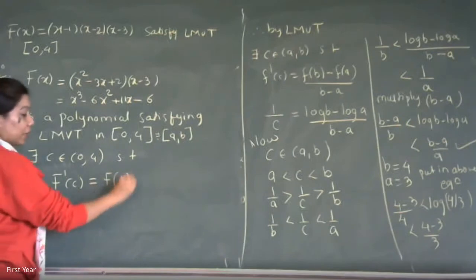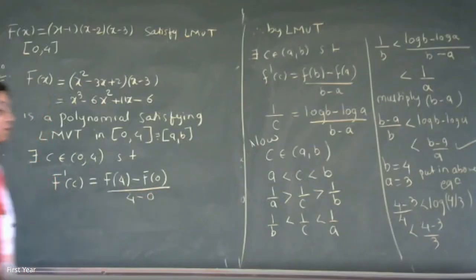So f of 4 minus f of 0 upon 4 minus 0, which is 4.